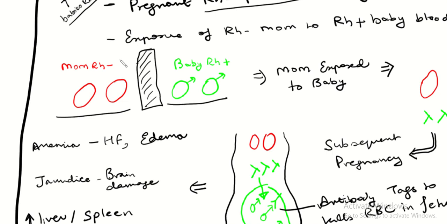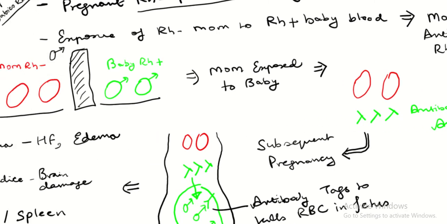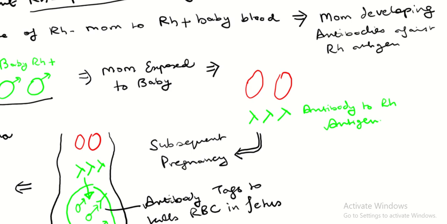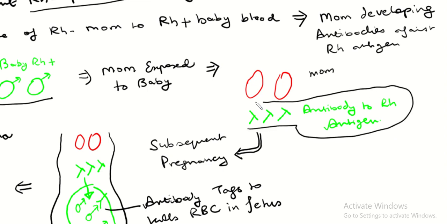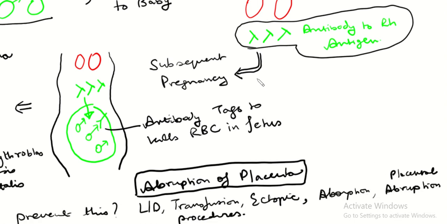And for some reason, mama gets exposed to baby blood, or another Rh positive blood, maybe because of a transfusion, maybe mom was doing needle drugs in the past or now. Then mom develops Rh antibodies to Rh antigen. Usually if it's the first pregnancy, that's when the antibodies are developed.